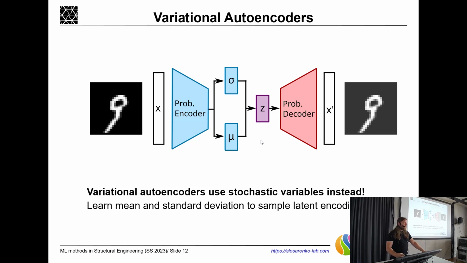So this way it learns not only fixed numbers, this fixed encoding. If we have just 2 variables, we might have 0 and 1. And if we decode 0 and 1, we will get a number here.